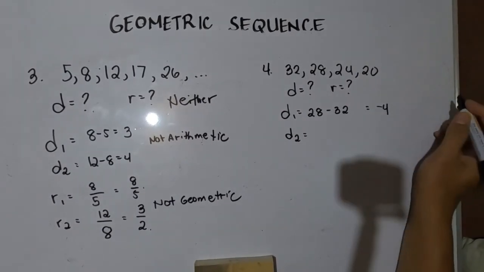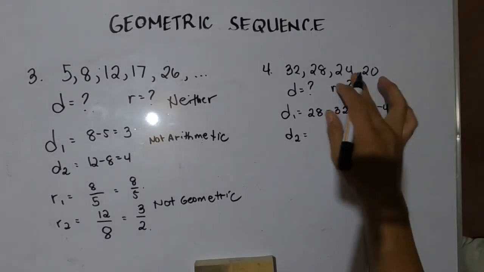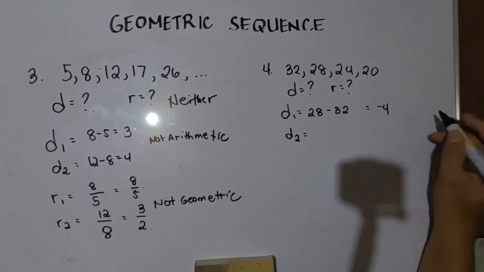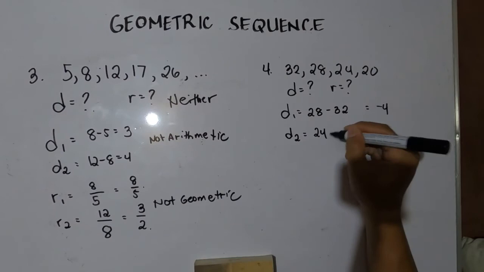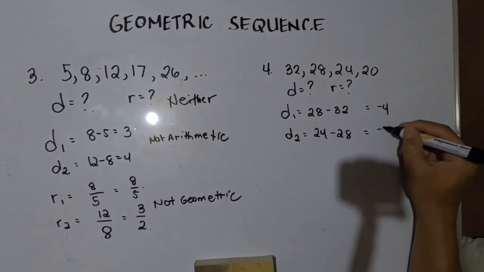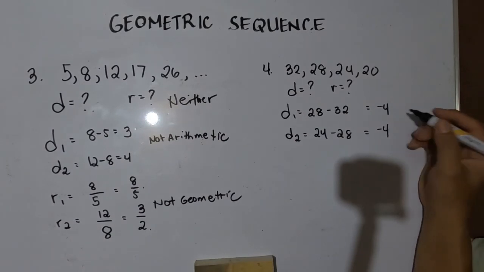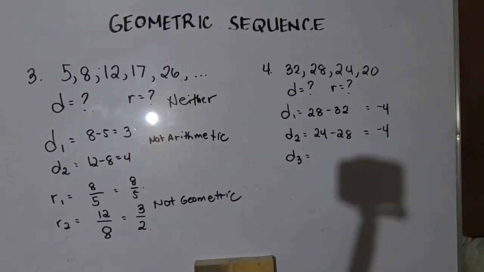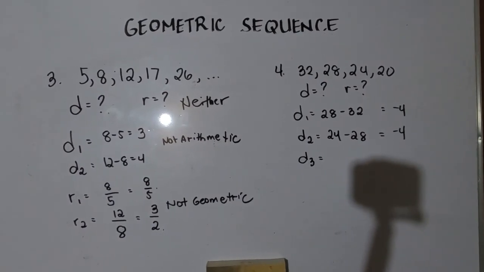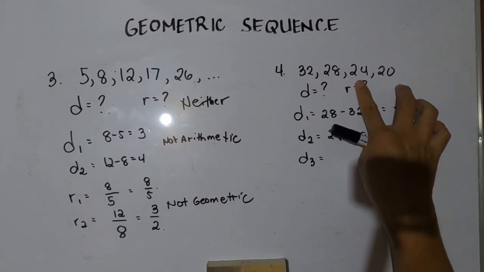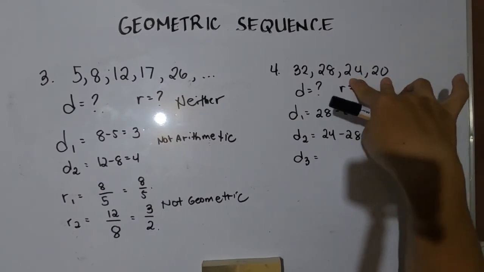Let's try to determine whether the third term and the second term has the same difference as negative 4. That's 24 minus 28 is equal to negative 4 as well. Let's continue verifying by finding the difference between the fourth term and the third term.